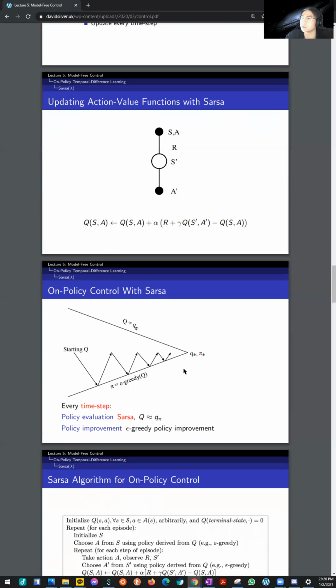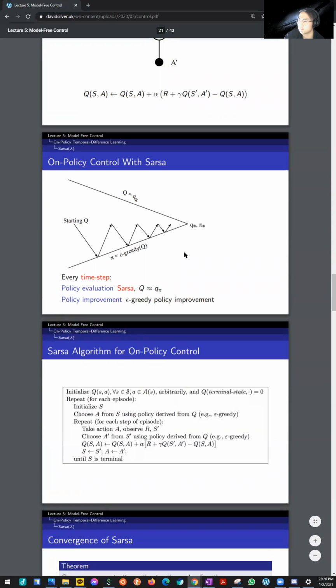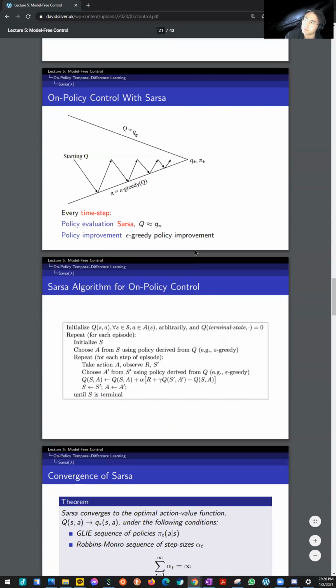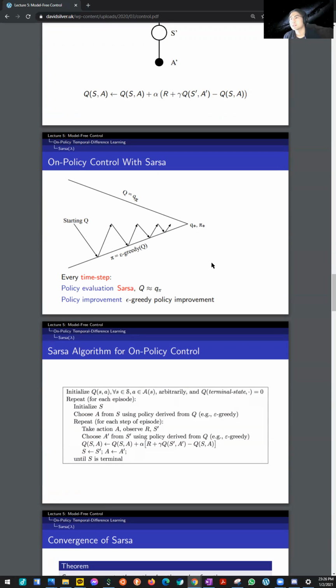So not only one time step ahead, but an estimation up to the end. So for this SARSA, the specific policy that we are following is the epsilon greedy policy, which we went over.